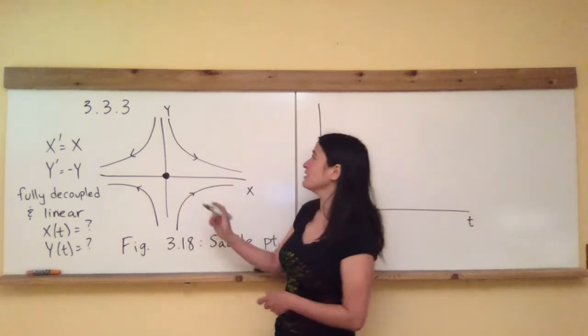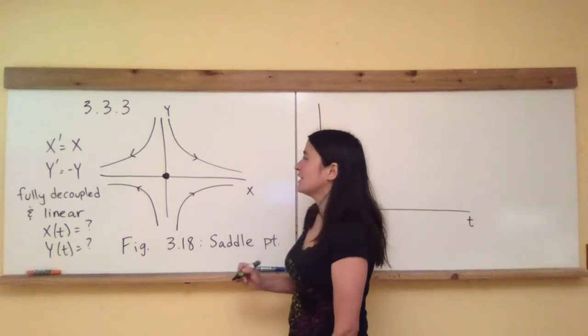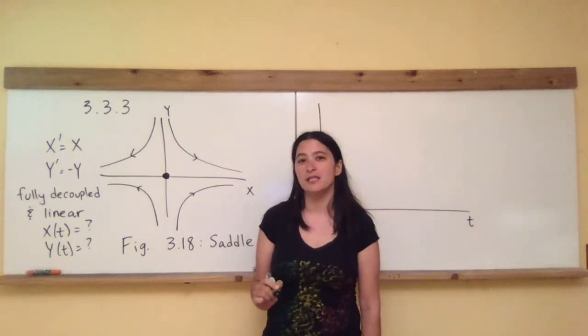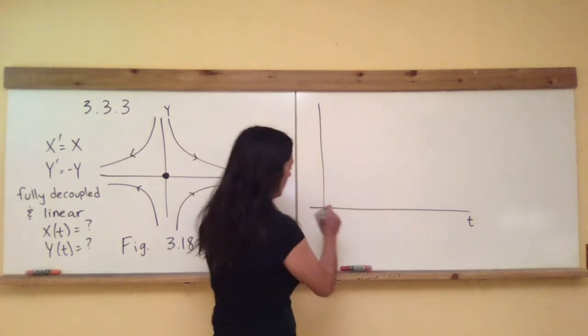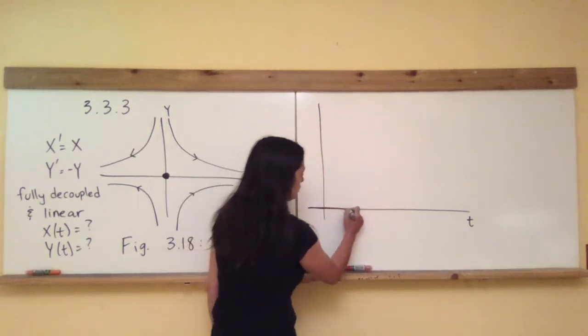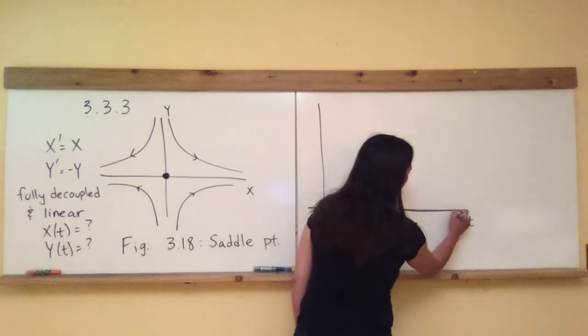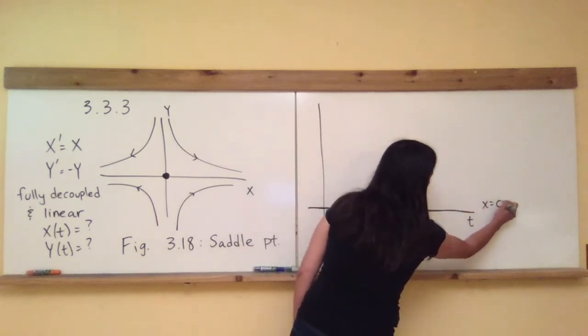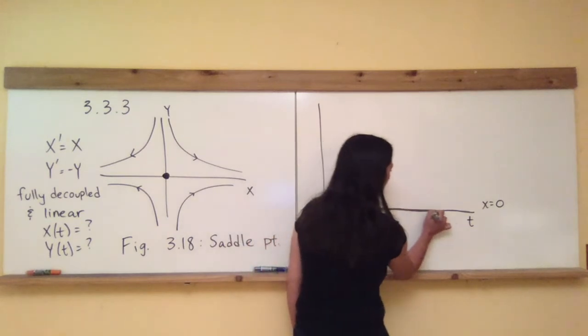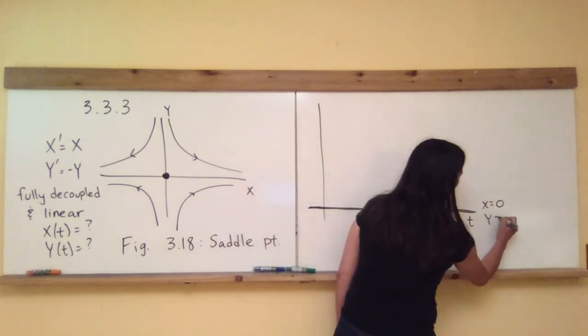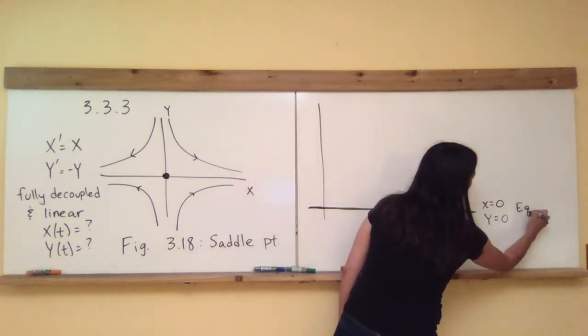So that equilibrium point represents the solutions x of t equals 0 and y of t equals 0 for all time. One answer to this question is simply following along the t-axis and saying x equals 0, and then likewise for y, y equals 0. Those are the equilibrium solutions.